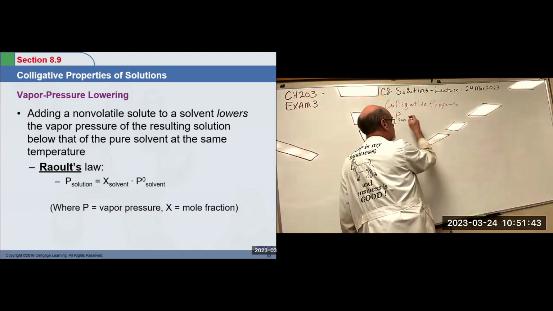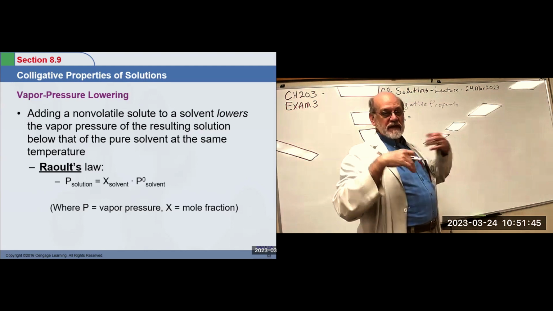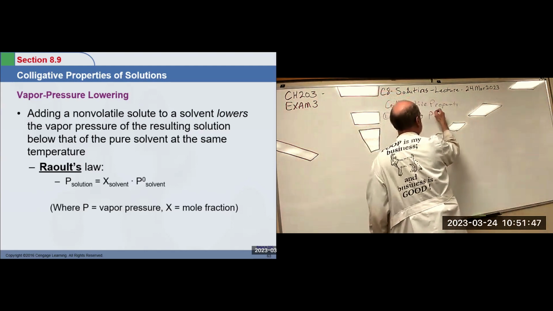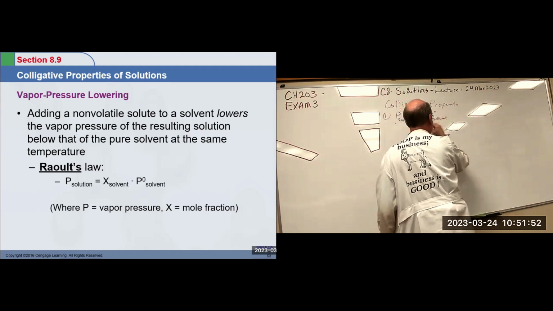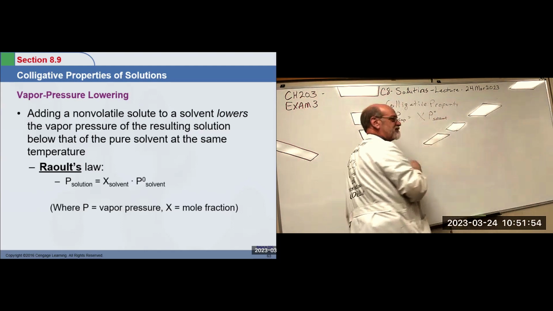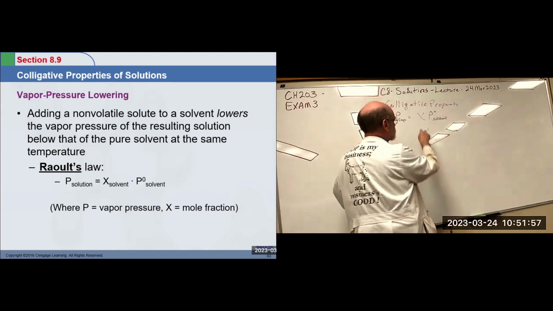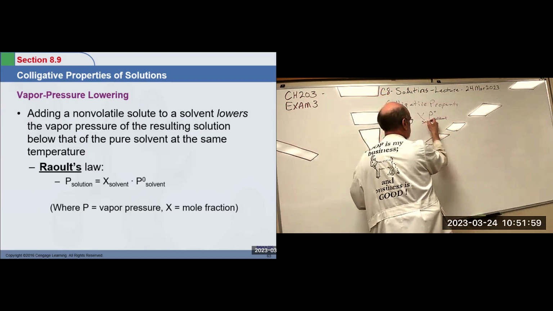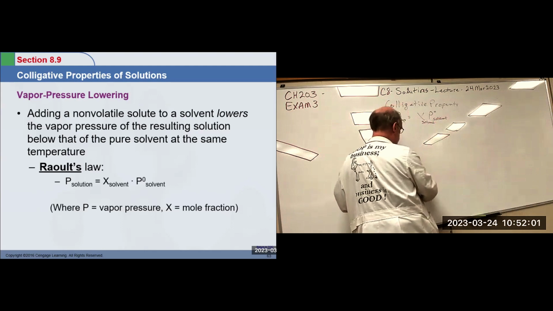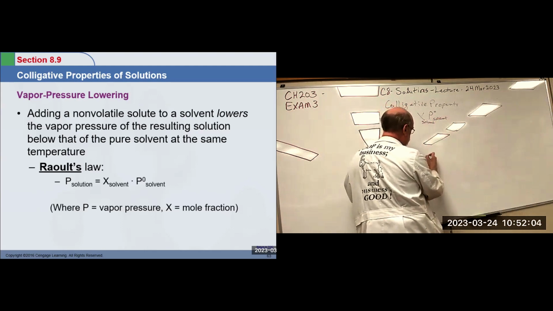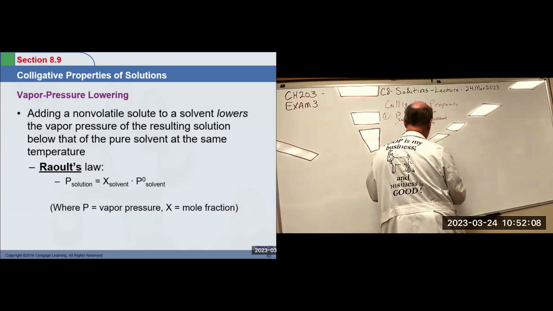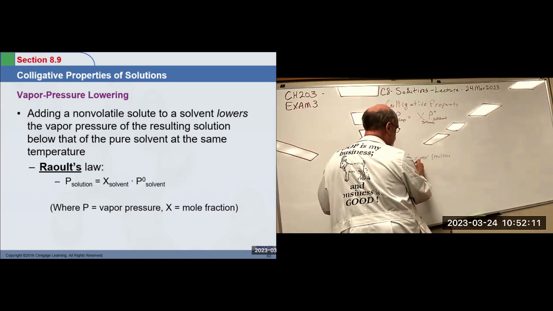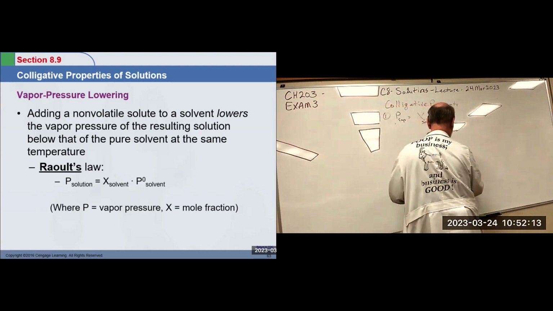The vapor pressure is equal to the pressure of the pure solvent times a factor. What does X mean? X is the mole fraction. In this case, the mole fraction of the solvent.